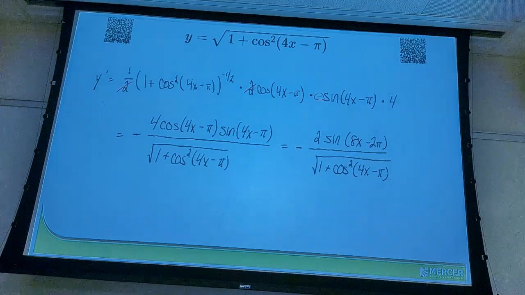Oh, okay. The double angle identity for sine: sine 2x is 2 sine x cosine x. So 2 cosine sine would be sine 2x. So there you go, that would be simplified.